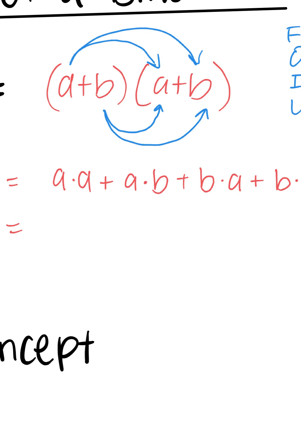Anderson? A squared. A times b we're just going to leave as ab, so plus ab. B times a we're going to rewrite as ab, because it doesn't matter which one you multiply first, it's still multiplication. And then b times b. Alan? B squared.